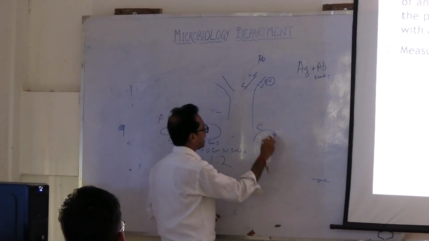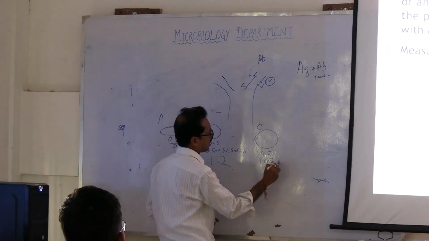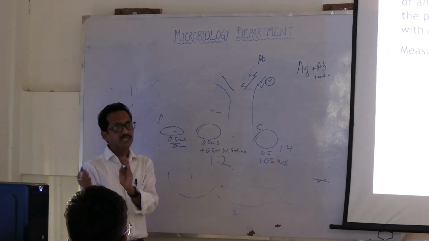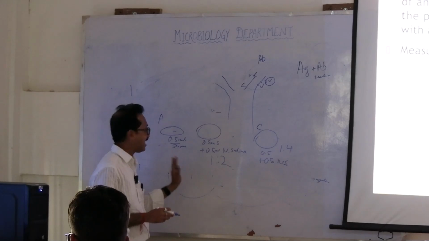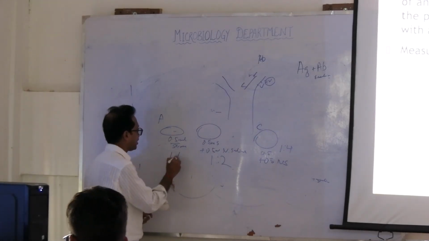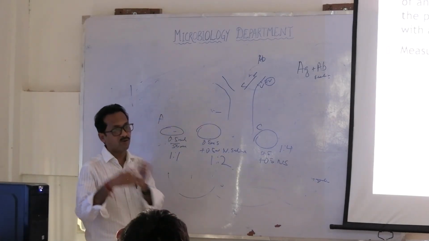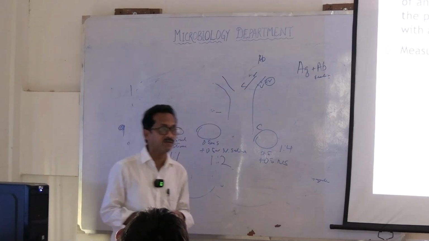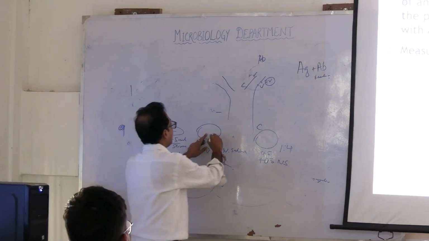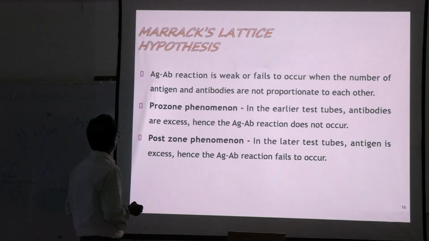Again, from this, take 0.5 and add another 0.5 ml normal saline, then it becomes 1:4. Like this, serial dilution goes on. This first tube is 1:1. When you add an equal amount of normal saline, it becomes 1:2. When you take 0.5 from this and add 0.5 ml normal saline, it becomes 1:4.